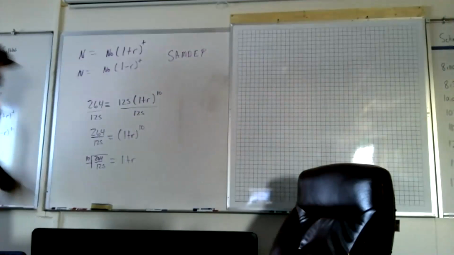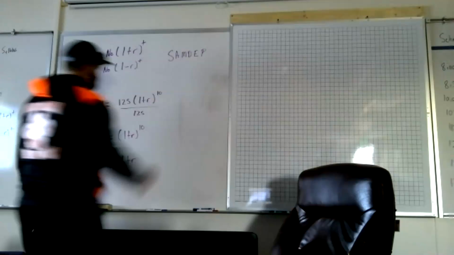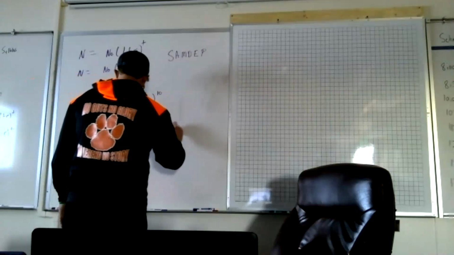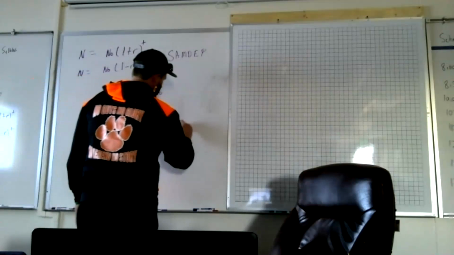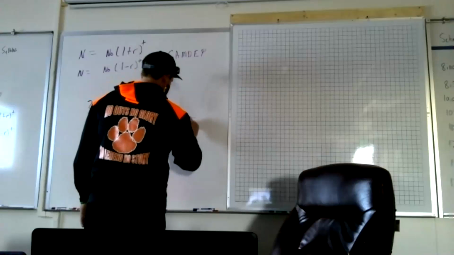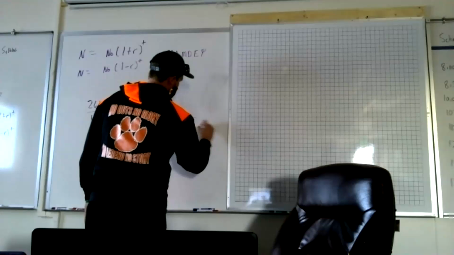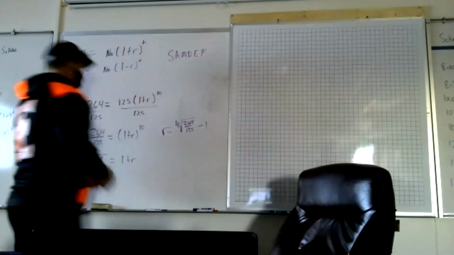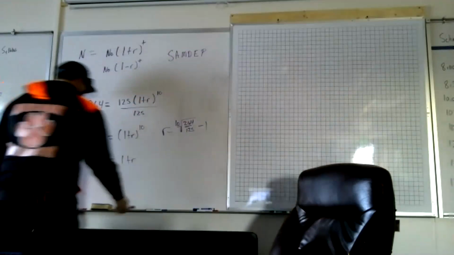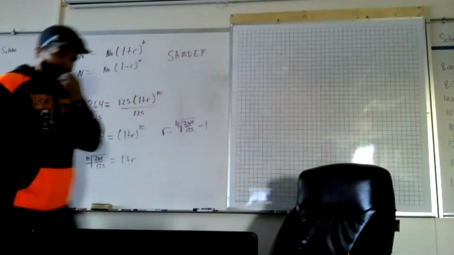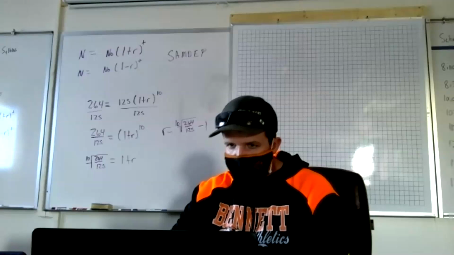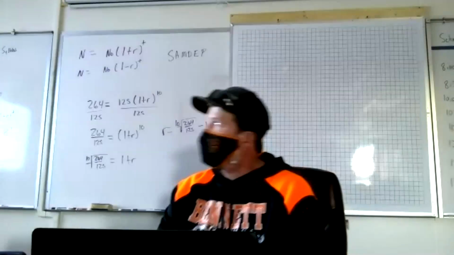Now I can subtract, so that r is equal to the 10th root of 264 over 125 minus 1. Now I'm going to plug that into a calculator. On your calculators, if I pull up my Desmos calculator, I'll do it there to make sure.